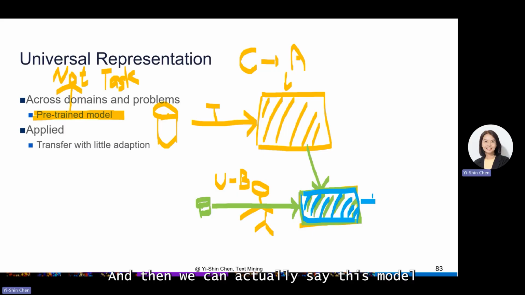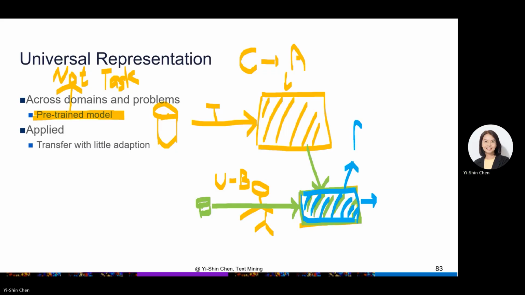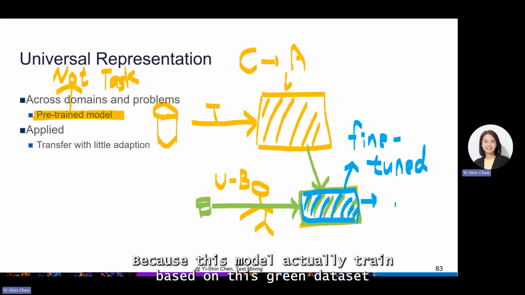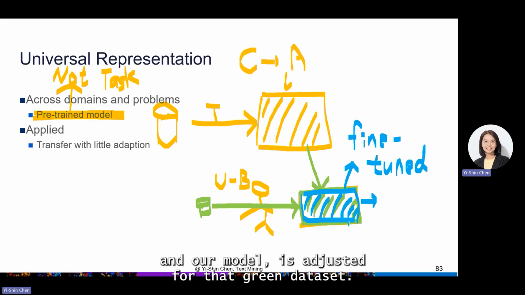And after it becomes blue, we call this a fine-tuned model. Why? Because this model was trained based on this green data set, and our model is adjusted for that green data set.